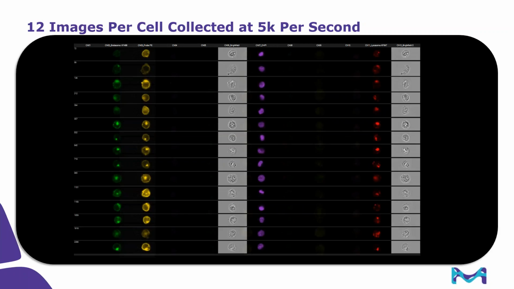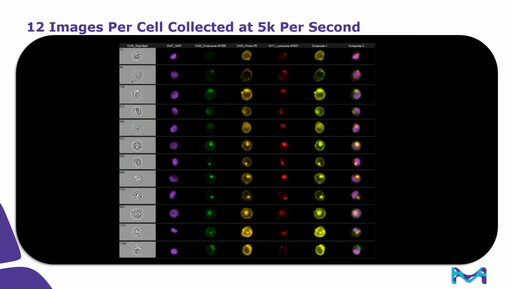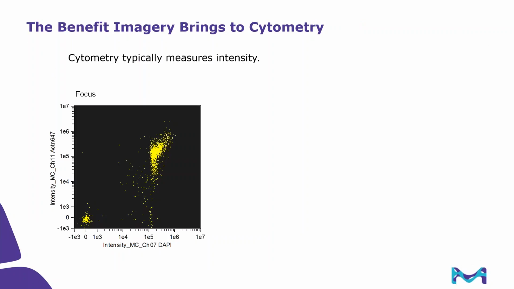Now, the software allows you to create any combination of overlays, so you can look at the individual fluorochromes lined up next to the bright field image, and then on the far right here you can see a composite image that shows an overlay of all the fluorochromes simultaneously. So you can look at spatially where all these fluorochromes are located.